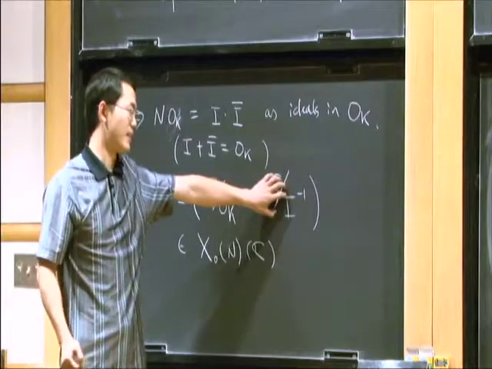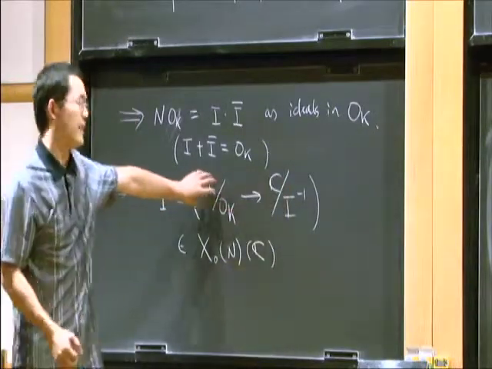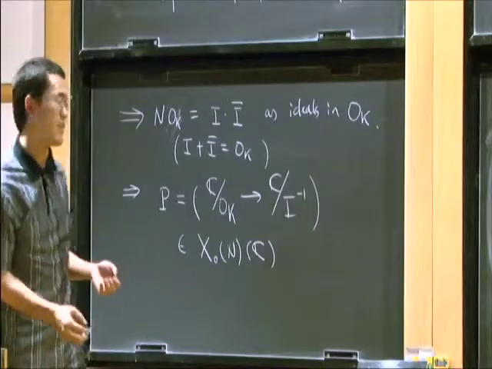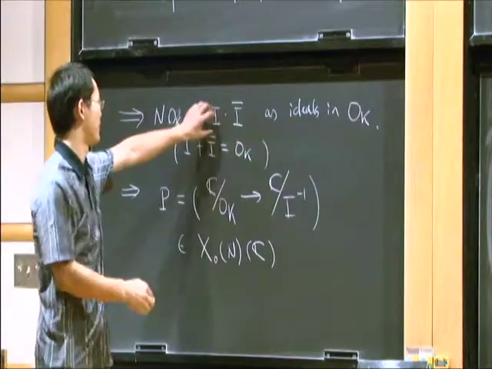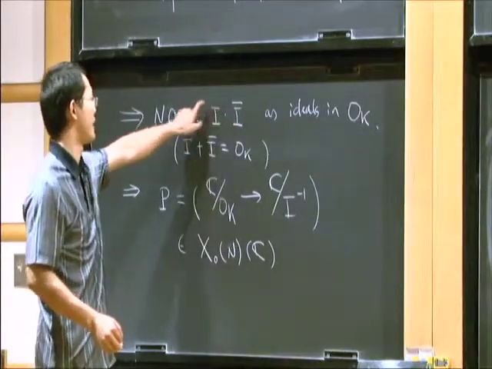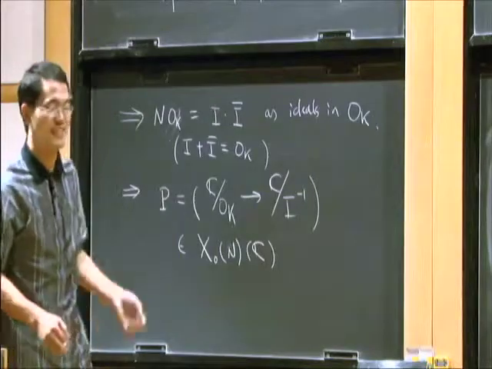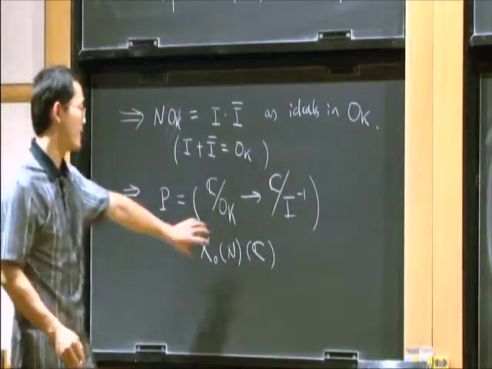Now we have another elliptic curve. This is an isogeny, strictly an isogeny of order N, because O_K/I is just Z/NZ. So we get a point here.